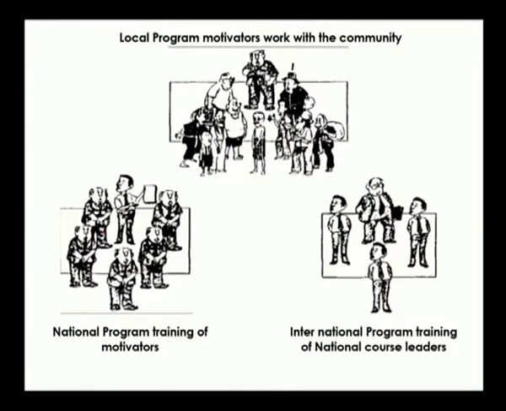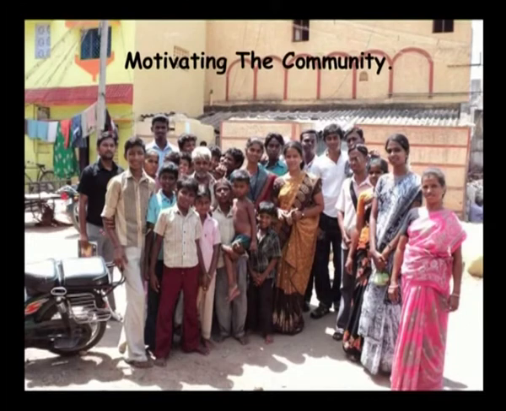These local program motivators are trained on another scale by the national program training, and these national program motivators are in turn trained by an international facilitator. So, this goes as a cycle of discussing and helping people to improve their community and the techniques to do it. Next, motivating the community happens.